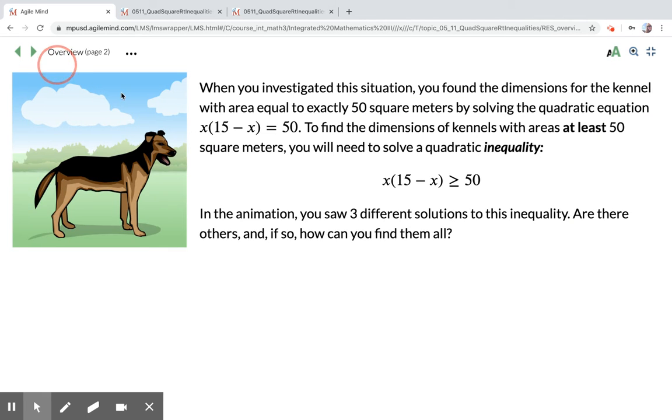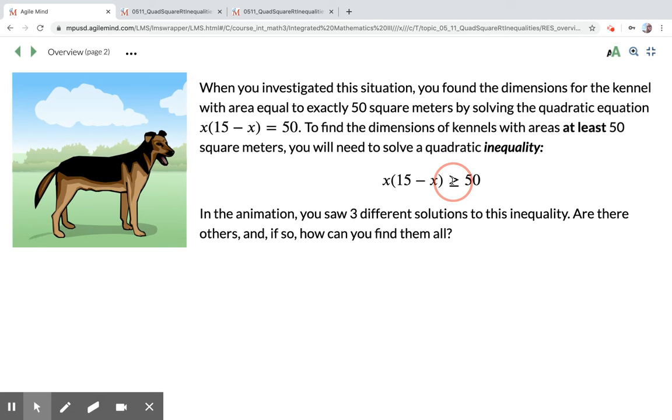So if we come over here, question number 4 was saying, we don't want it to be equal to 50 meters exactly. Can we modify our equation a little bit to represent kennels with areas of at least 50? I'm cool if it's equal to 50. I'm cool if it's more than 50. So remember your inequalities. You remember these bad boys?